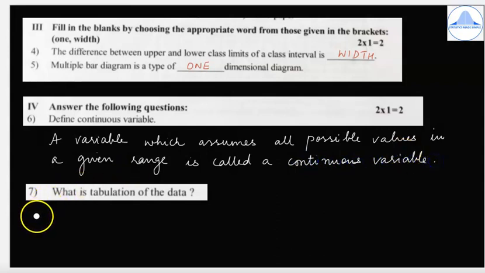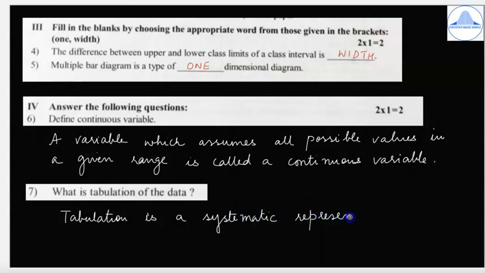The seventh question, what is tabulation of data? So tabulation is a systematic representation of classified data.